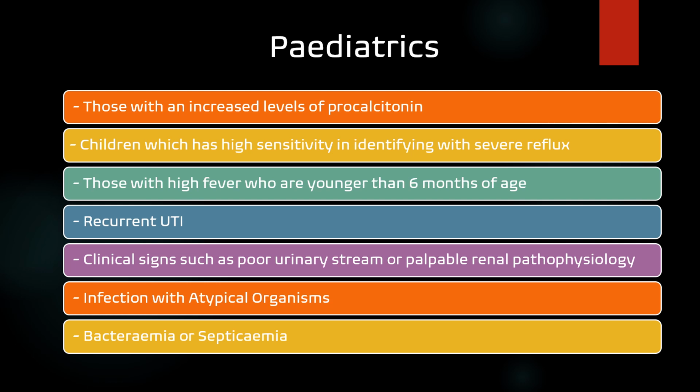Children or young people can have a higher sensitivity in identifying severe reflux, and those with a high fever who are younger than 6 months of age as well, and where there are recurrent urinary tract infections, where there are clinical signs such as poor urinary stream or palpable renal pathophysiology, infection with atypical organisms, and where there is evidence of bacteremia and or septicemia as well.